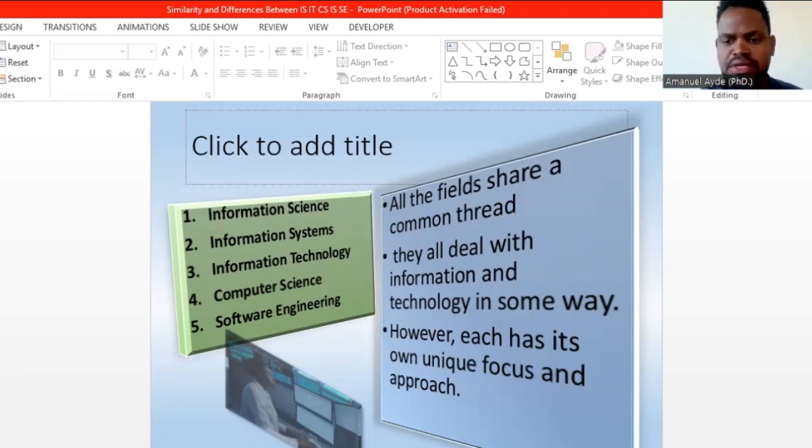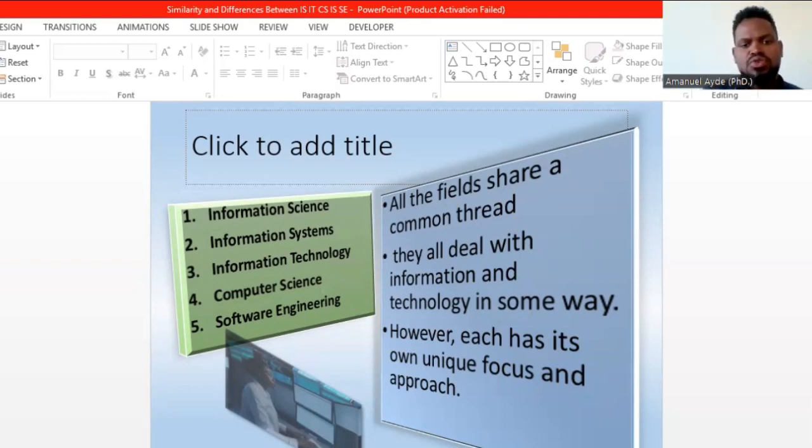The focus of information science is different from that of software engineering. The focus of computer science is different from that of information science. Software engineering is also different from the others. I'm going to talk about the differences between each of them.